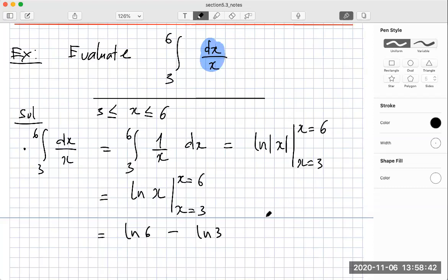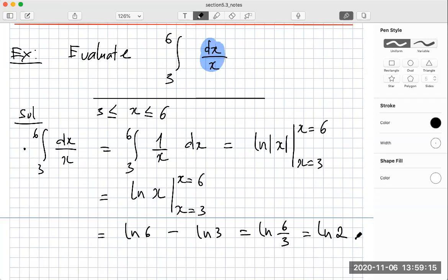Very good. Thank you, Daniel. Yeah, the difference rule, and it will be ln of 2. Very good. Okay. Do you have any question up to this point? Very well.